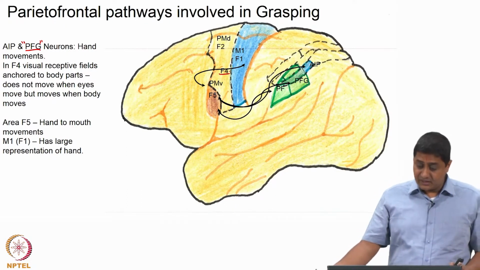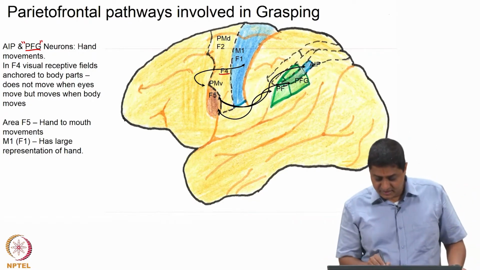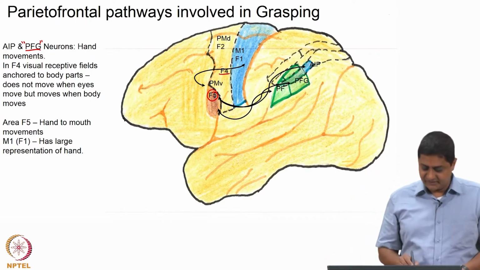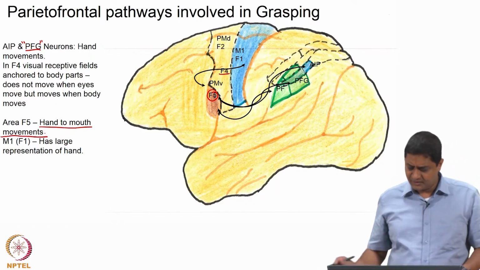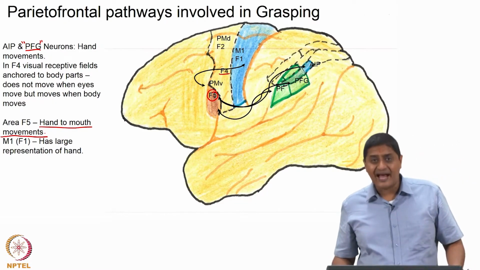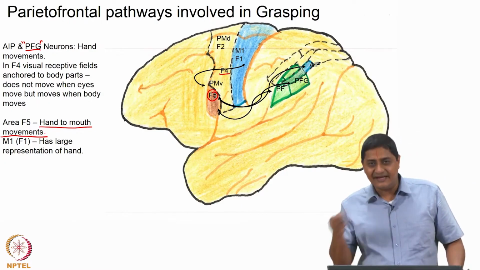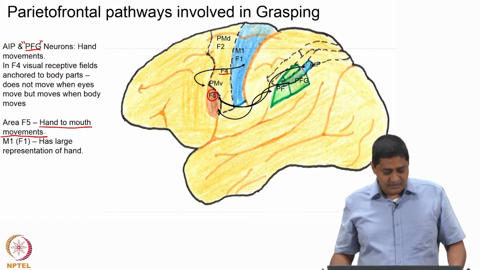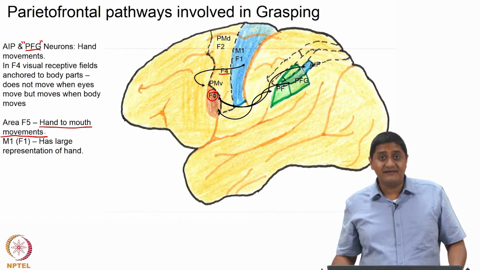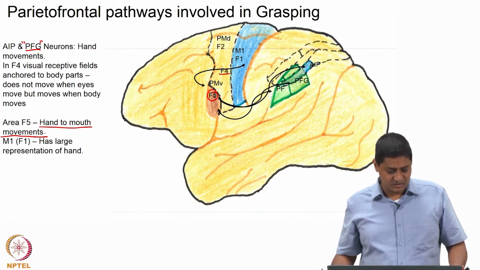And also it is believed that area F5 has a set of neurons that can coordinate hand to mouth movements, eating movement. Evolutionarily a very important activity for survival, is it not? So, there are special neurons that are dedicated to this activity, the hand to mouth movements.